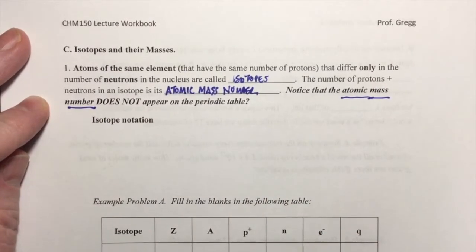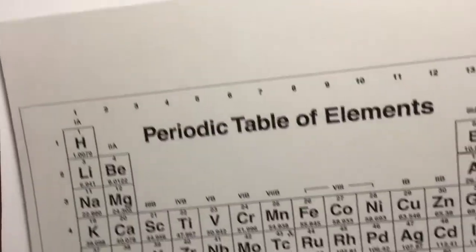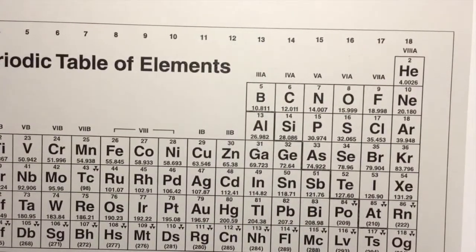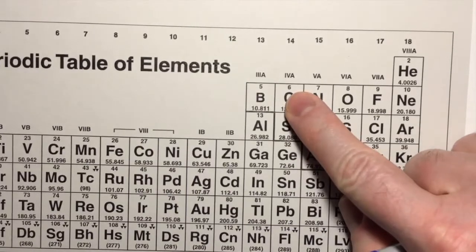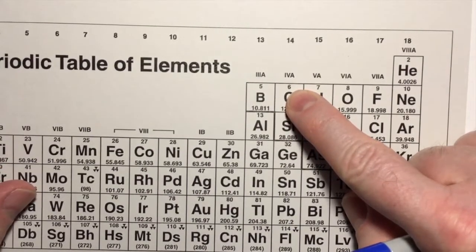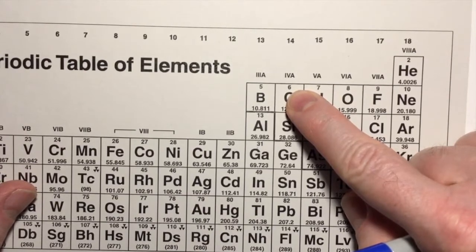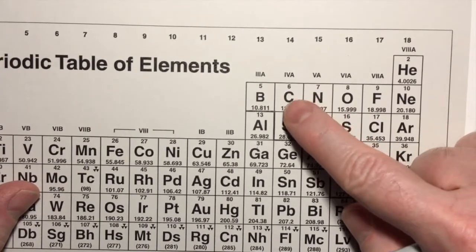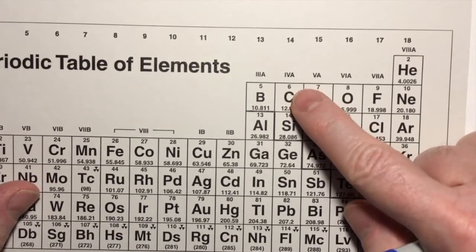Now I'd like for you to take a look at the periodic table for a moment. Let's take a look at carbon. And notice this number here, the number 6, that tells us that's the atomic number, right? That tells us how many protons are in the nucleus. And that number is going to be true for all isotopes of carbon. Every atom of carbon has 6 protons in its nucleus.